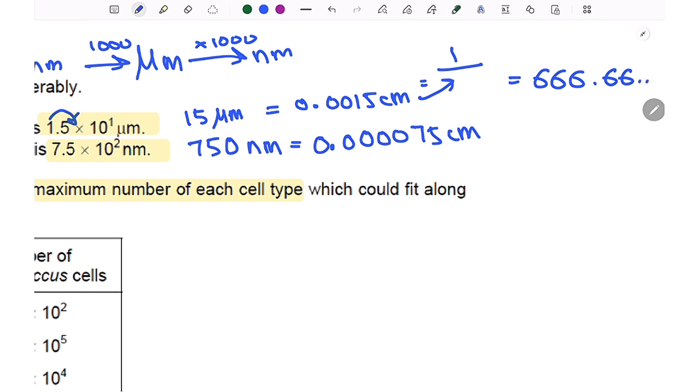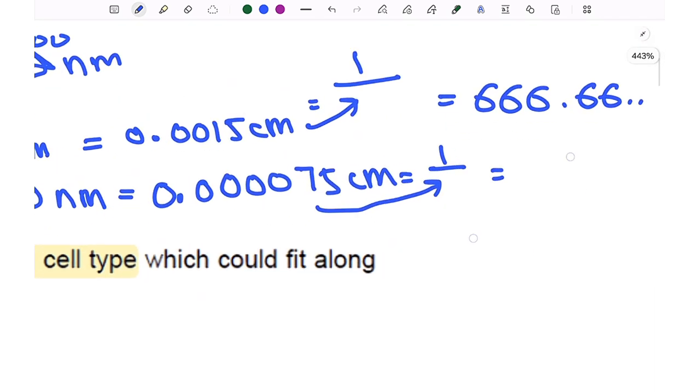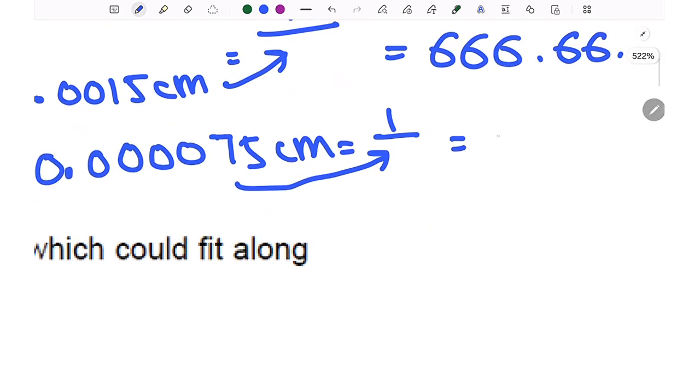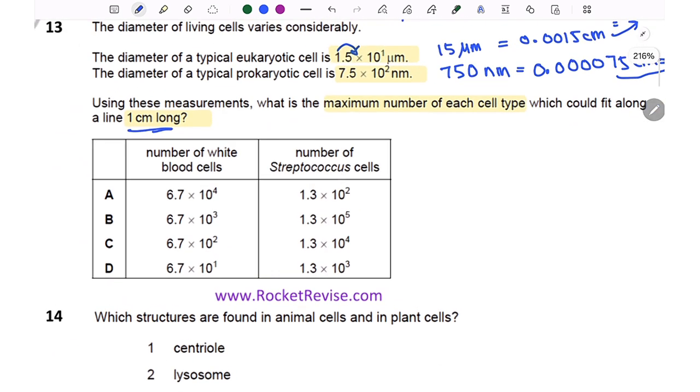And again, if I divide 1 by this number, because we need to see how many of these we can fit within 1 centimeter, it's going to be 13,303.33. So let's look at the options given to us.